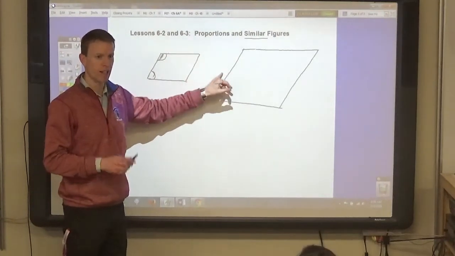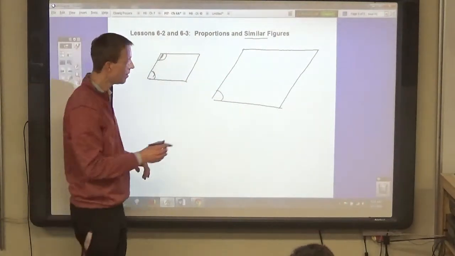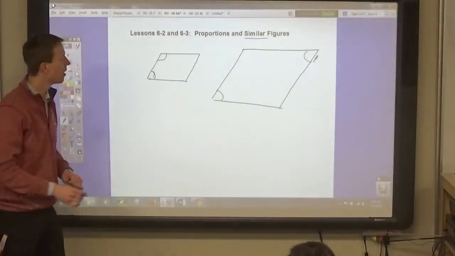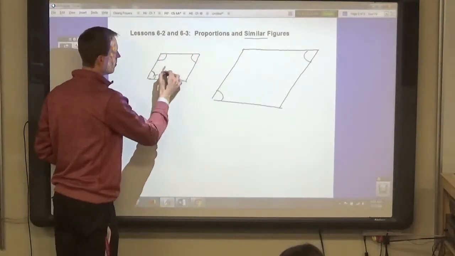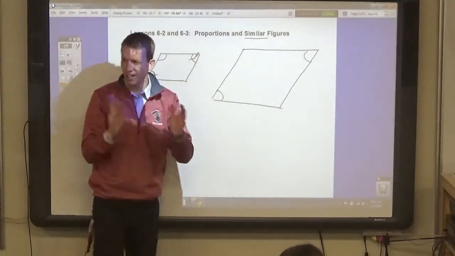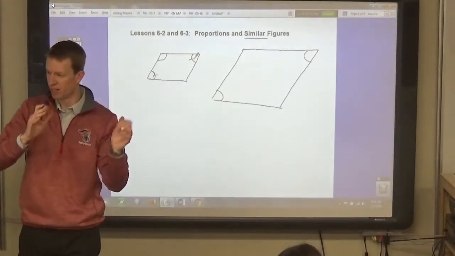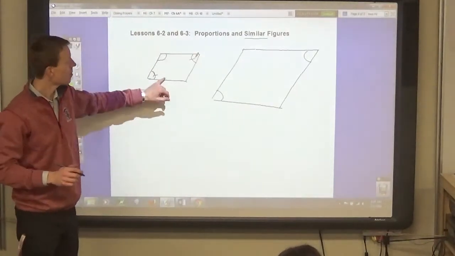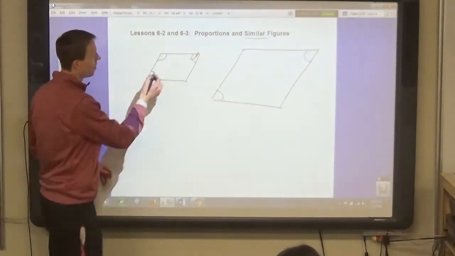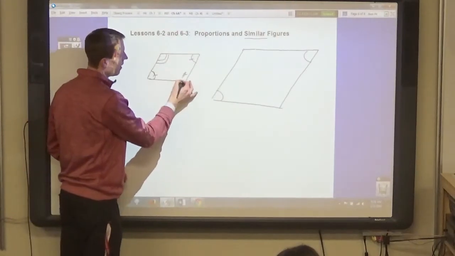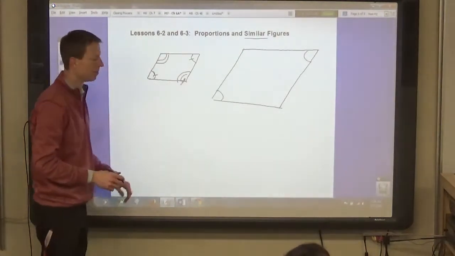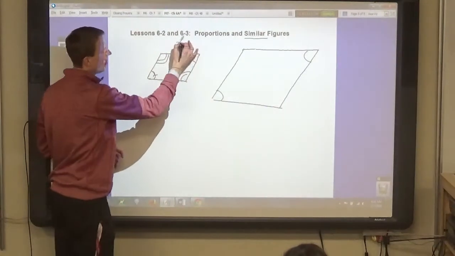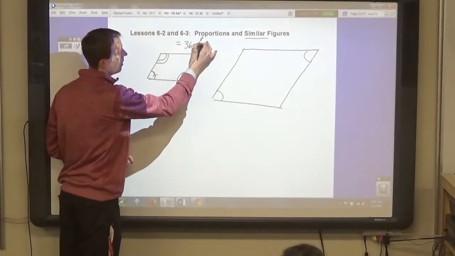What shape is this? Parallelogram? These are parallelograms, right? Parallelograms are kind of like a rectangle that is tilted. Their opposite angles are equal, and all of the angles added up together equal 360 degrees.